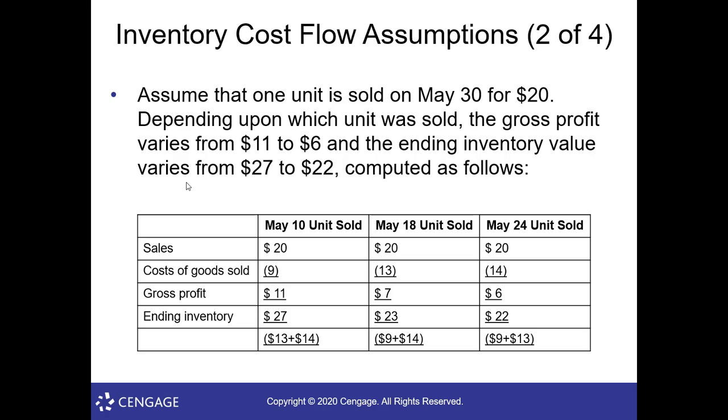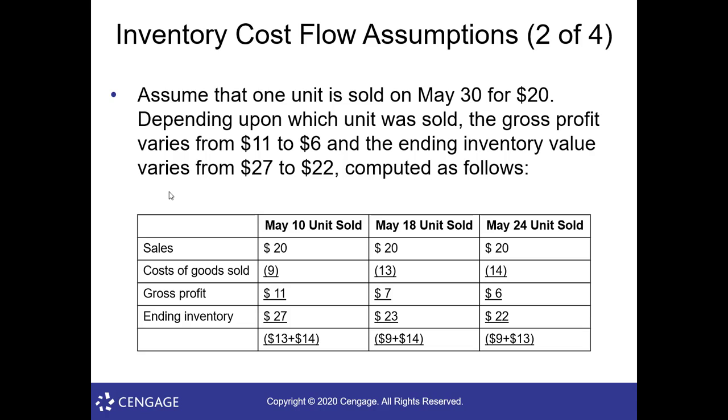So assume that 1 unit is sold on May the 30th for $20. So which one is it? If it is the unit from the purchase on May 10th, that's $9. And that gives us a gross profit of $11 and a value in ending inventory of $27, the $13 item and the $14 item.